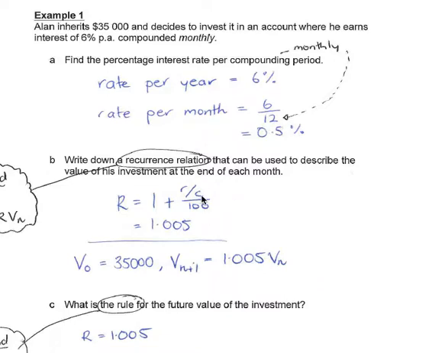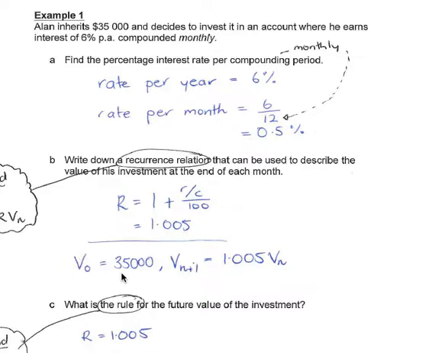That's that C value there. So when we write down the recurrence relation, our R value is 1 plus the rate, 6% divided by 12, over 100, and that gives us a value of 1.005. So the half percent is equivalent to this.